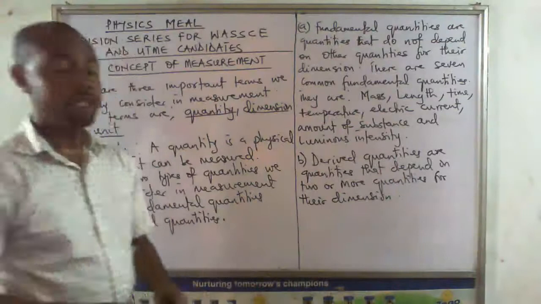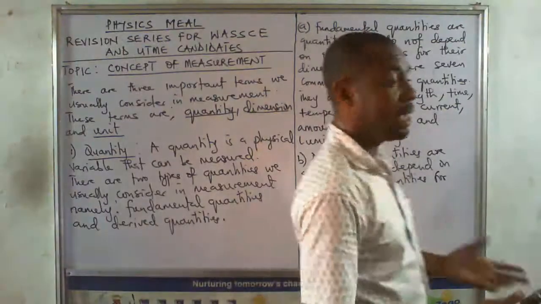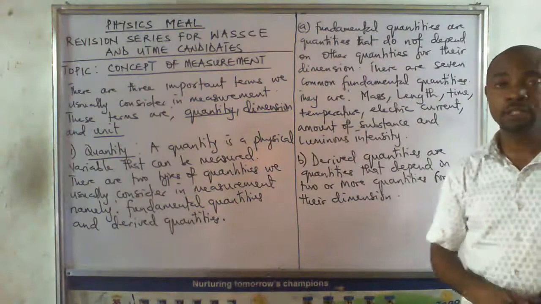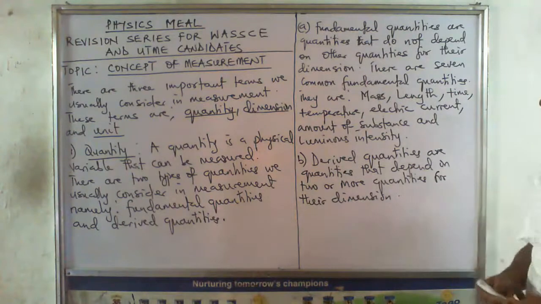So any quantity that depends on other quantities for its dimension, that quantity is what? A derived quantity.